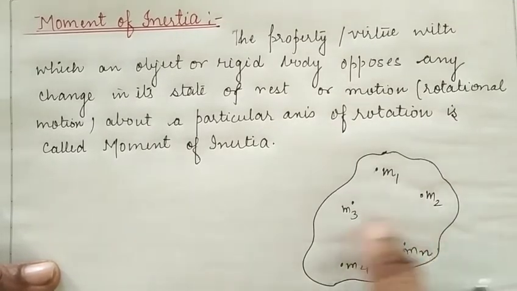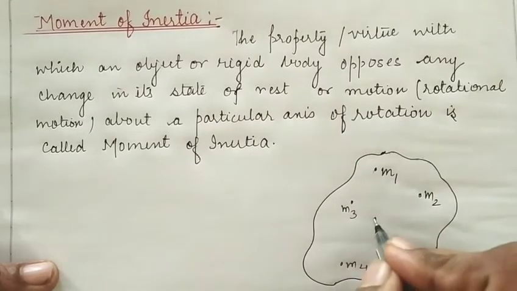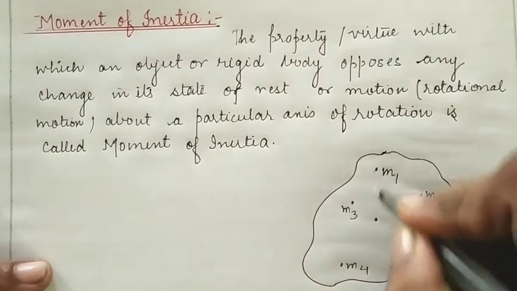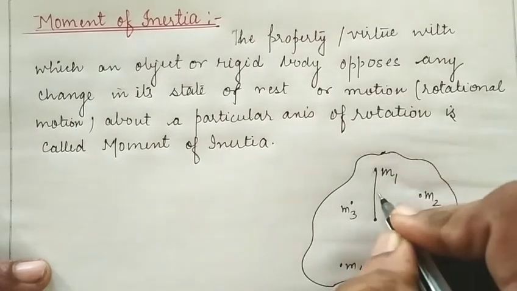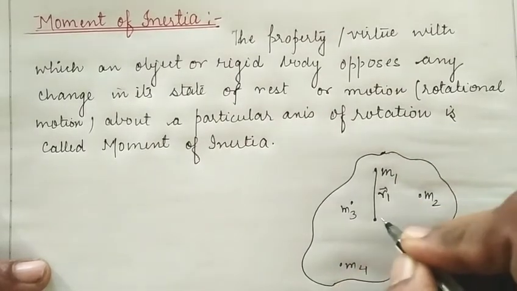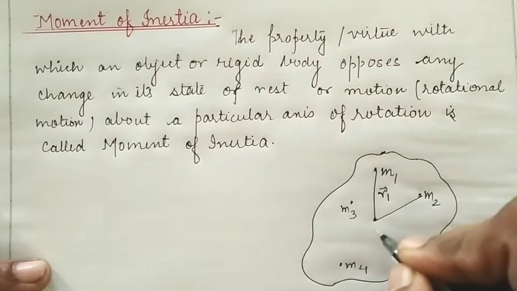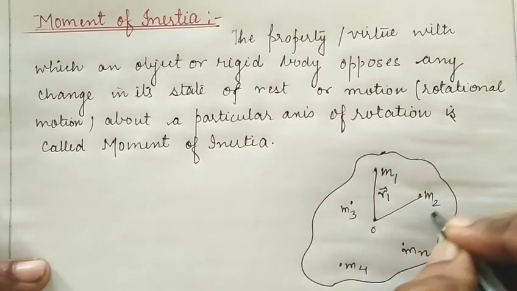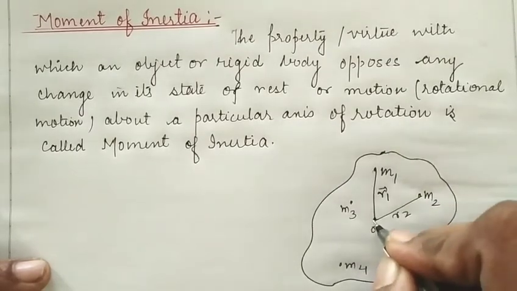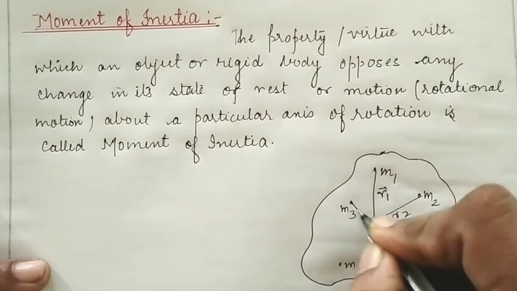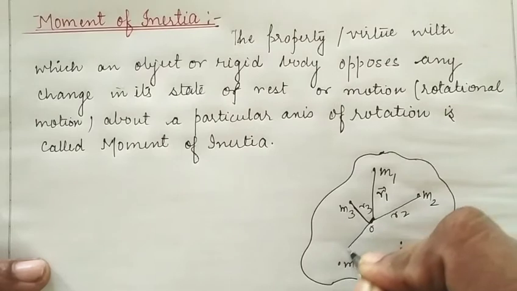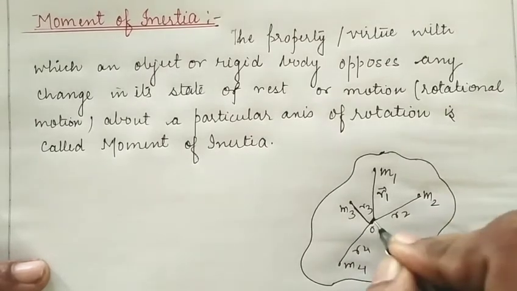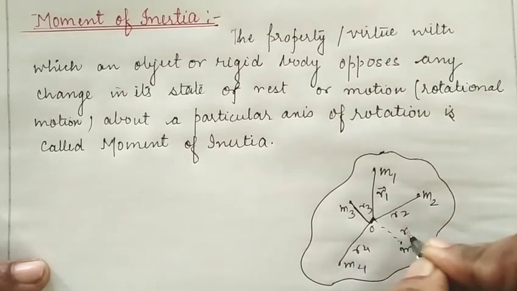Different particles have different distances from the origin. The first particle has position vector r1 from the origin, the second particle r2, the third r3, the fourth r4, and for the nth particle let us suppose rn.